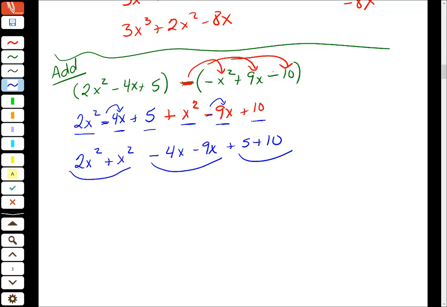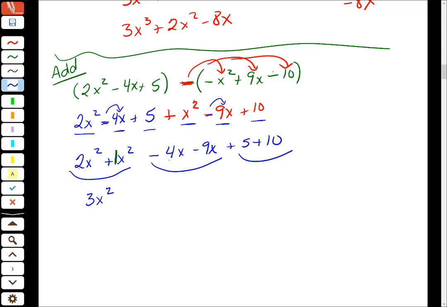So here's 2x squared, and then I have plus another x squared. There's a hidden 1 here that we don't write, but is really there. So this should be 2 copies of x squared plus another copy should be 3 copies of x squared. Just remember this, if you need to write in a 1, you can.